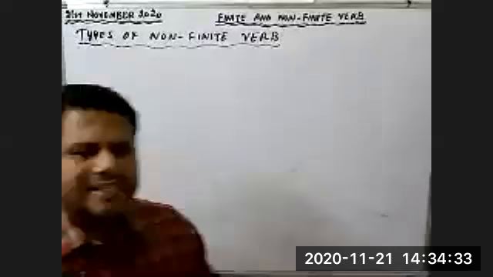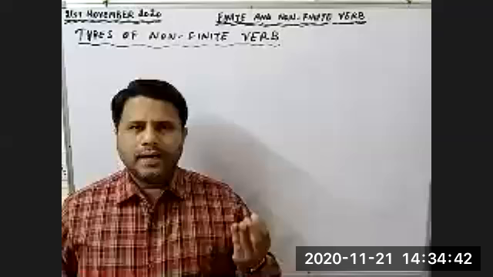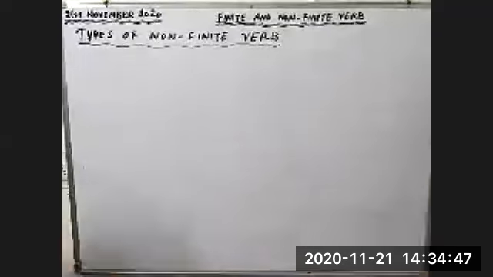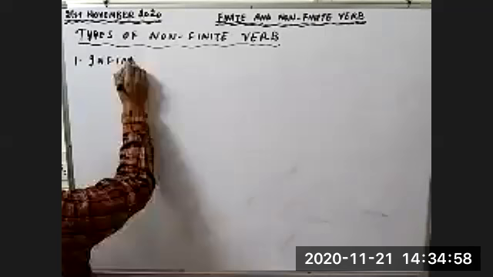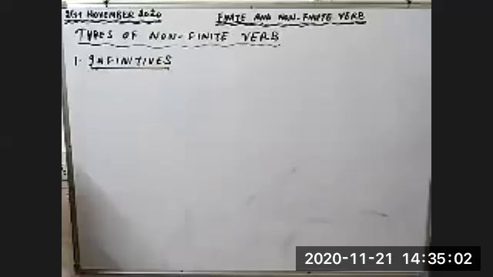Yesterday we had discussed types of finite verb. Now we are left with non-finite: infinitive, participle, and gerund. So the first category is infinitives.